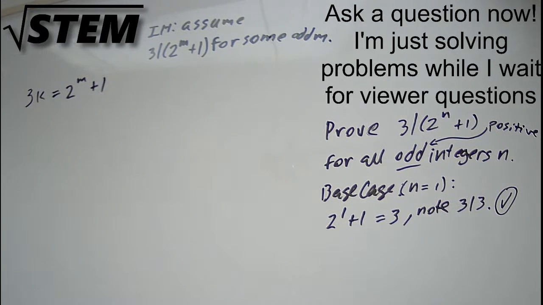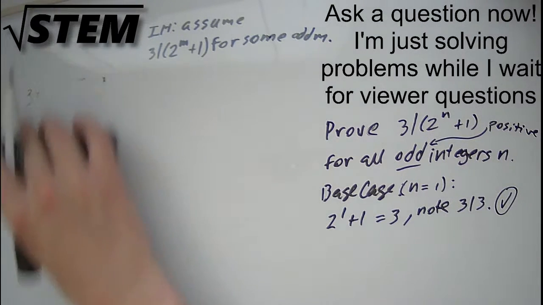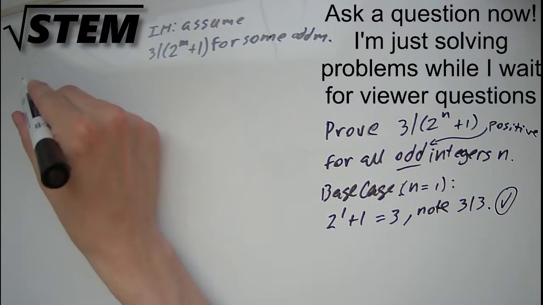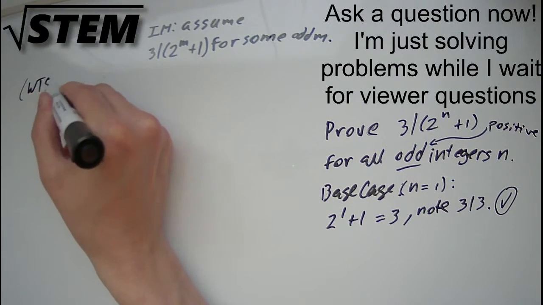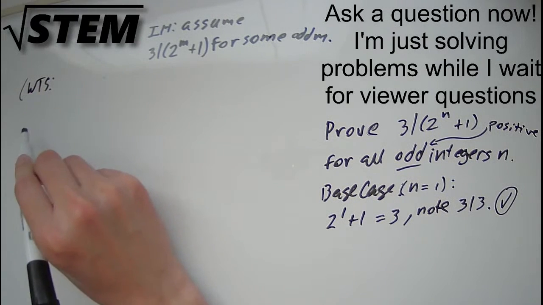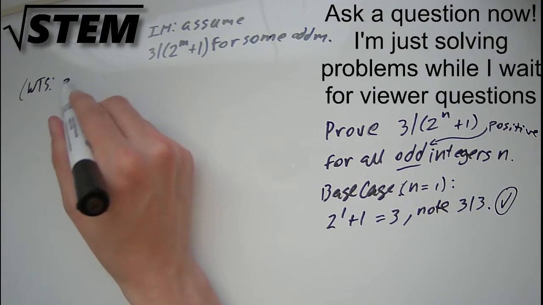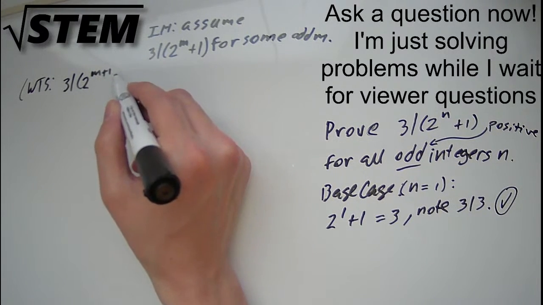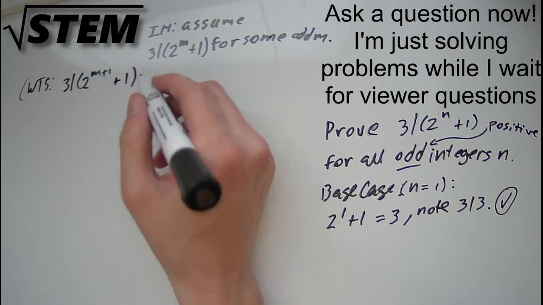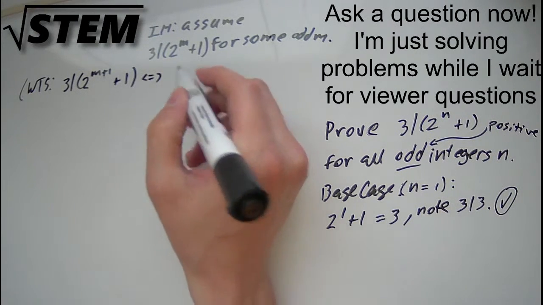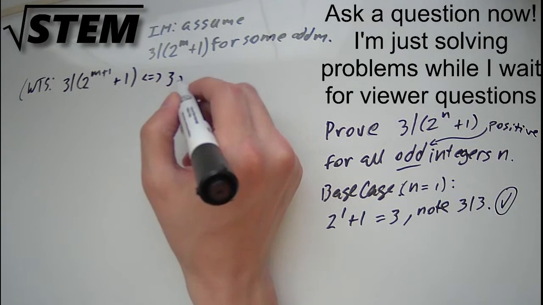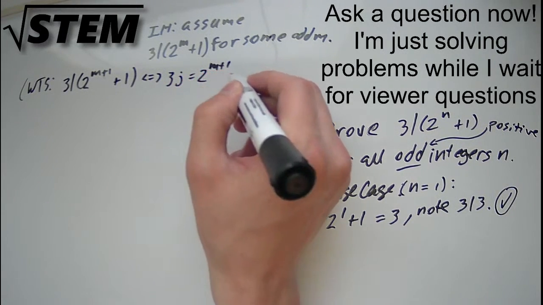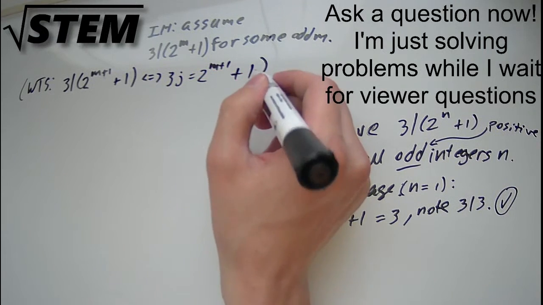Actually, before I do that, I'm going to write what we want to show, the condition. So we want to show that 3 divides 2 to the m plus 1 plus 1, or that 3 times some integer j equals 2 to the m plus 1 plus 1.